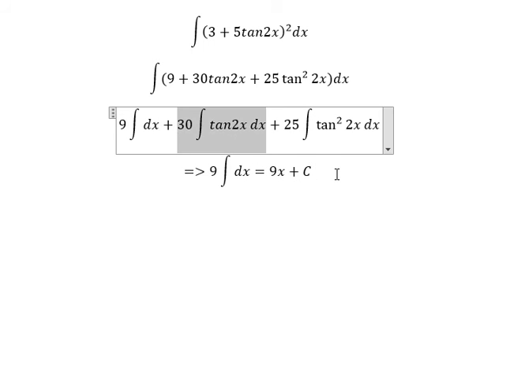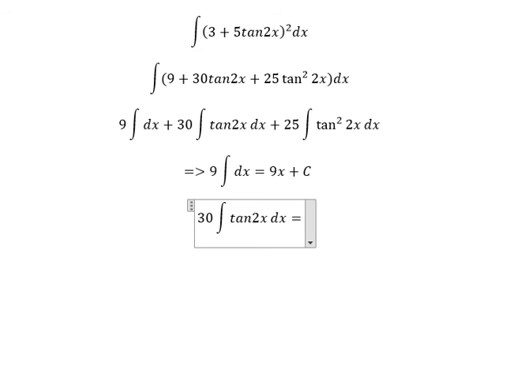For this one, we need to convert tan 2x into sin 2x over cos 2x.